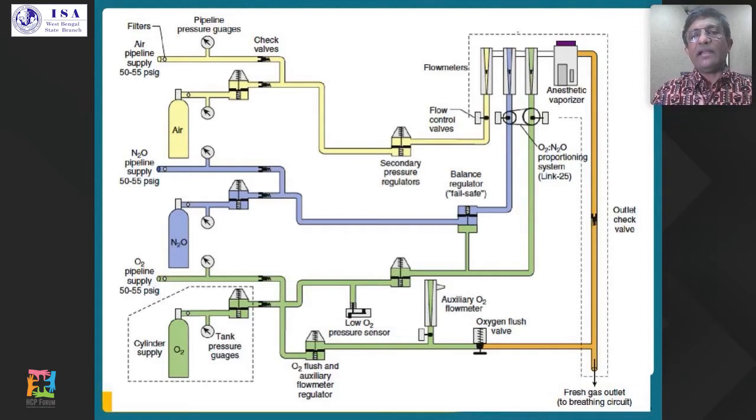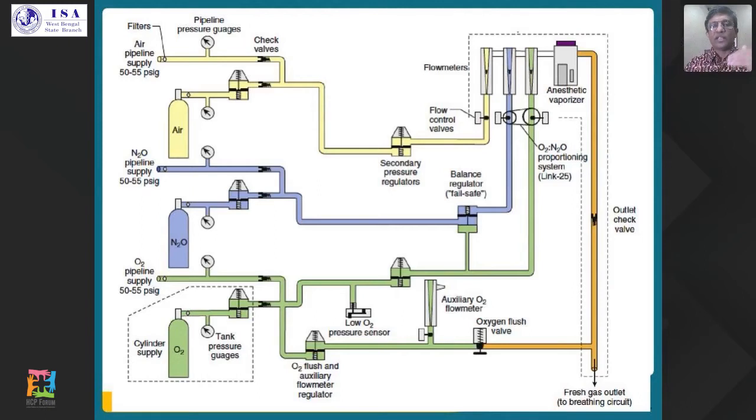At the bottom, you'll find what is recommended: the oxygen flush, which, as I alluded to, is possibly the oldest safety feature which still exists in all machines. And you have the auxiliary oxygen flow meter, through which you can deliver oxygen without switching on the anesthesia machine.